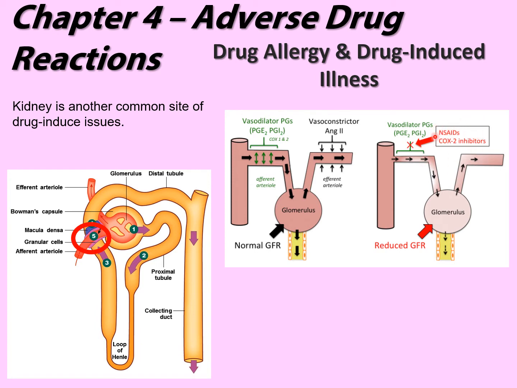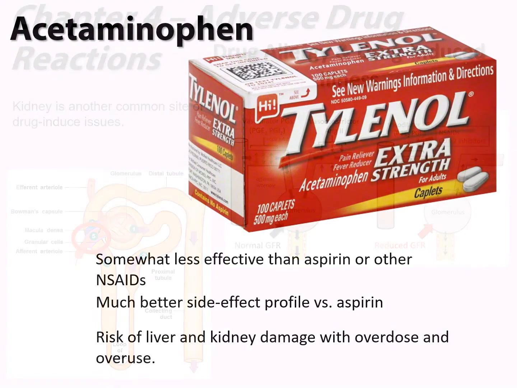Excessive administration or chronic administration of cyclooxygenase inhibitors will cause a clamping effect on that afferent arteriole, which leads to reduced glomerular filtration rate, and now they're retaining fluid that they shouldn't be. They might have edema, they'll stop urinating, and it can lead to very serious nephrotoxicity.